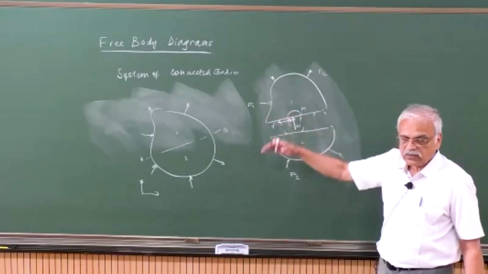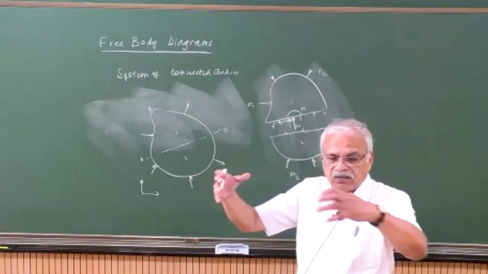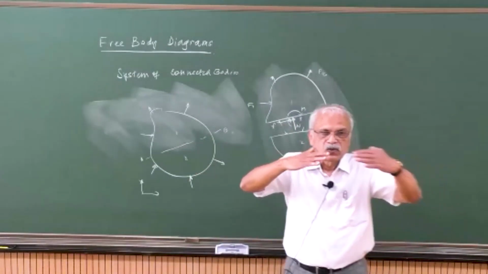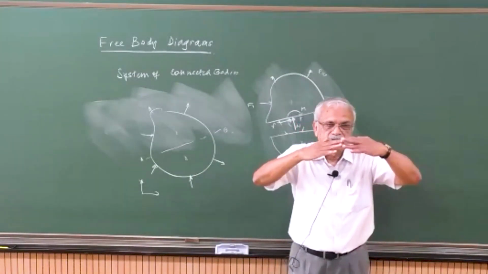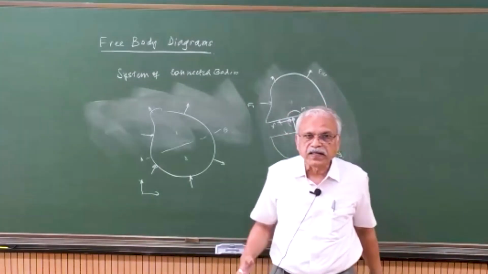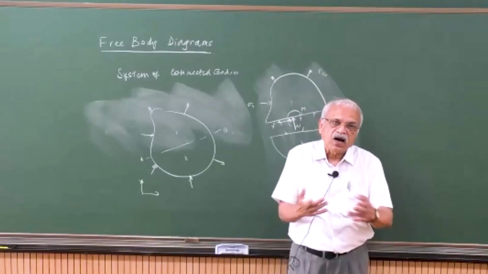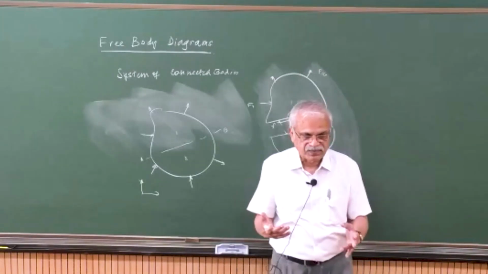However, if there are special connections like a sliding block, or two levers or two rods which are connected by a pin, the number of unknowns we introduce is not 3, sometimes it is less, right?